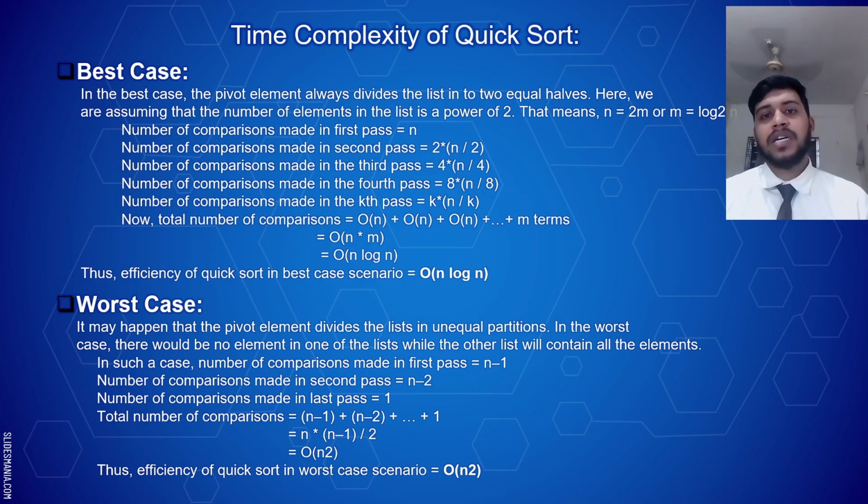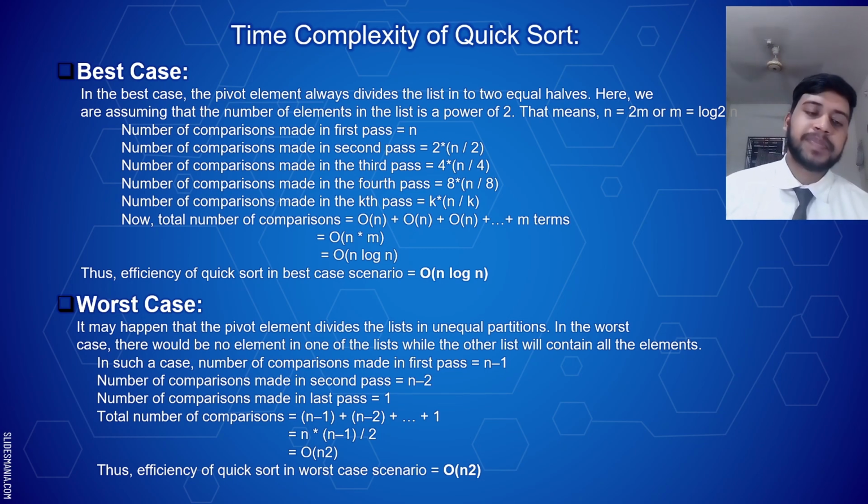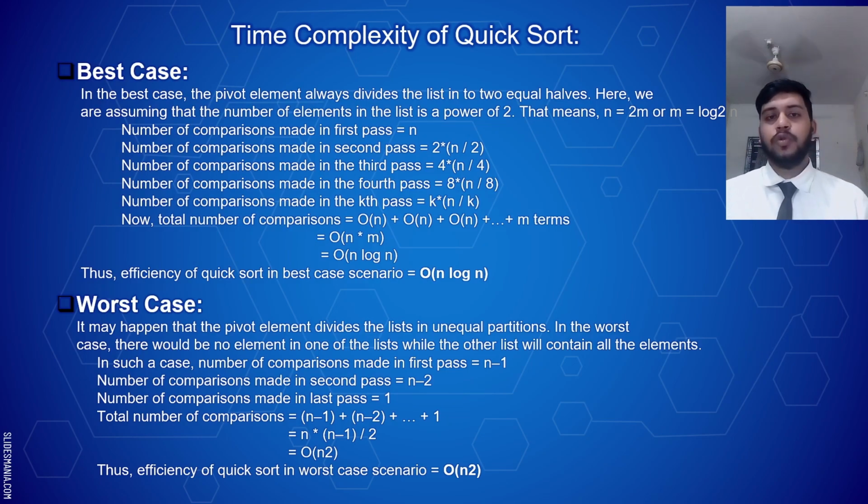The time complexity of quicksort. The best case time complexity of quicksort is O of n log n, because each time it divides the array in two parts. If the partitions are evenly balanced, then the best case occurs, and it is O of n log n.